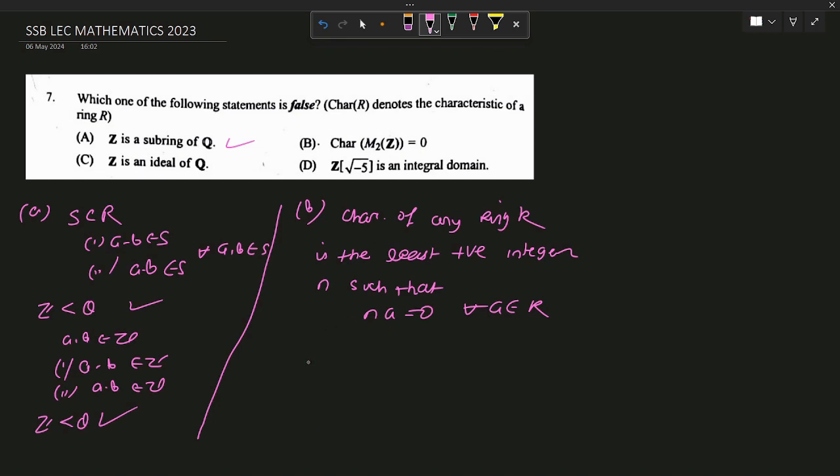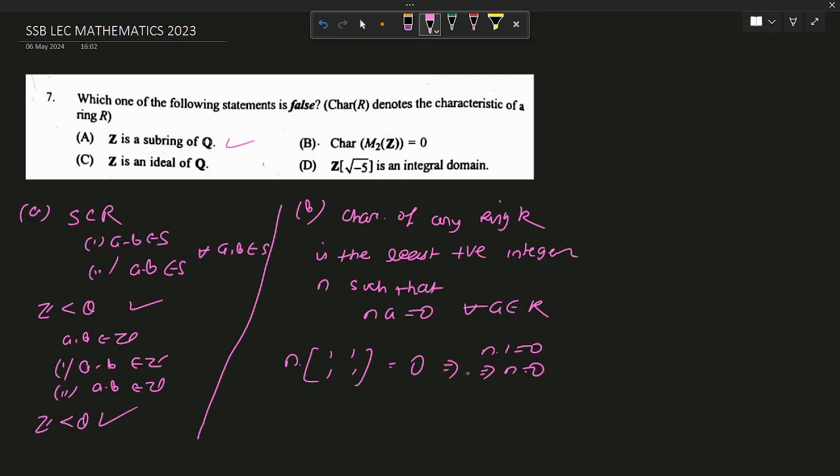So if I take an element from M2(Z), that is, if I take the matrix with all entries 1, this matrix belongs to M2(Z). So what integer, if I multiply here, gives 0? Does there exist any positive integer? No, because this is equal to 0 only if n times 1 equals 0, that is, n equals 0.